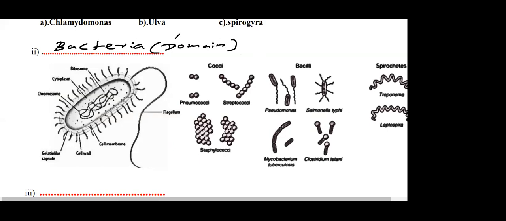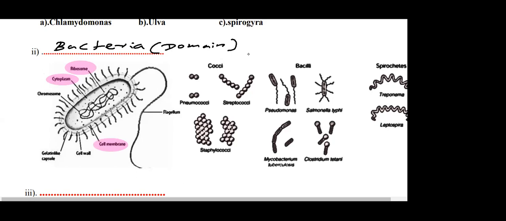Bacteria has these parts highlighted, because sometimes you have done the plant cell and the animal cell. Let's see the similarities between the bacterial cell and the plant cell. Ribosomes are present in both. Animal cells and plant cells also have ribosomes, and bacteria also have ribosomes. Cytoplasm is present in both, right? Then the cell membrane is present in both.